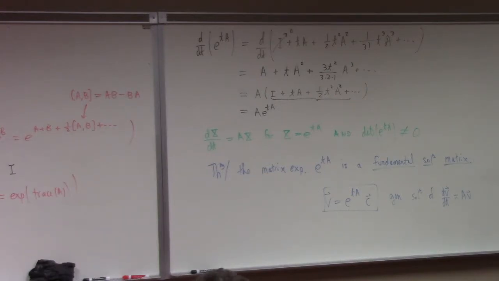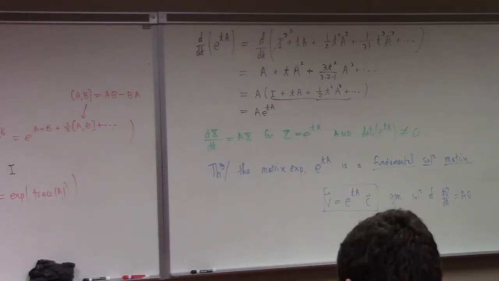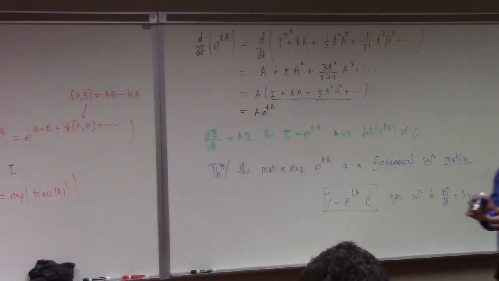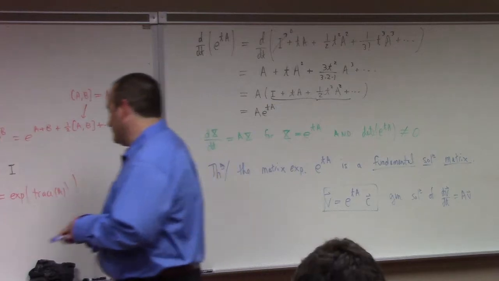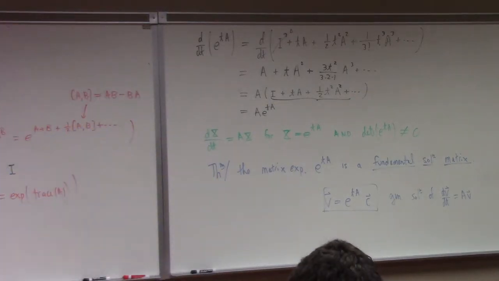Because what is the matrix exponential? It's kind of hard to calculate, right? It's an infinite series of matrices. Can we calculate that? I can calculate it for certain matrices.